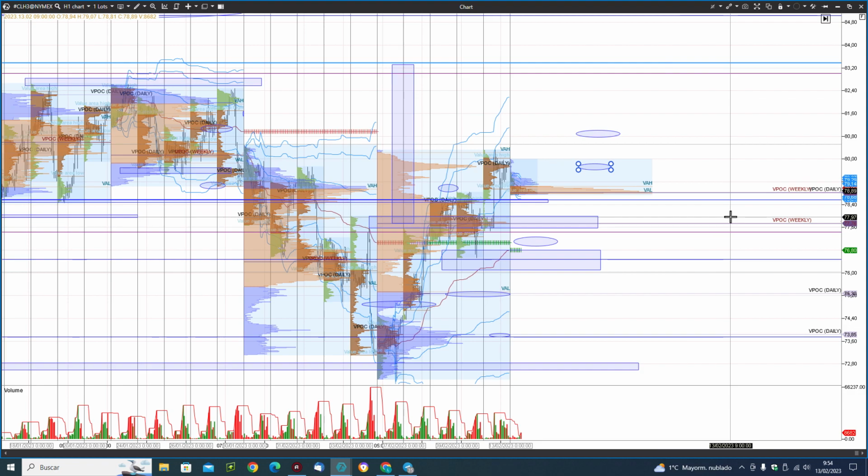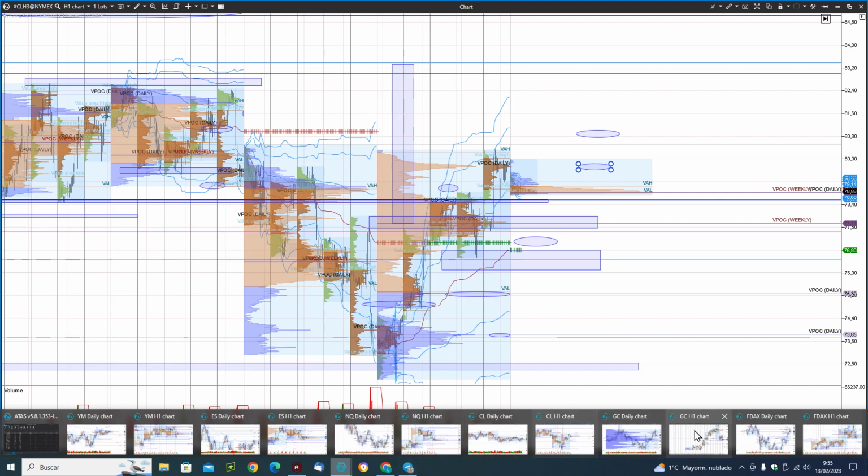Talking about lower targets, the main target will be this point, very clear, 77.75, weekly naked VPOC. Second one would be this point where there are two final VWAPs, 77.10, very close to 76.81. Okay, so that's all with light oil.